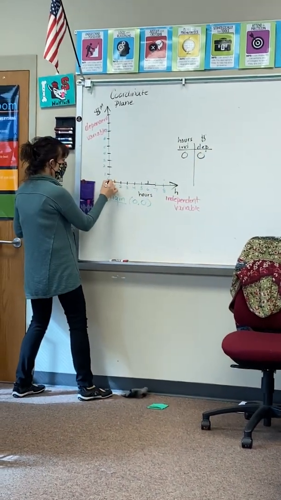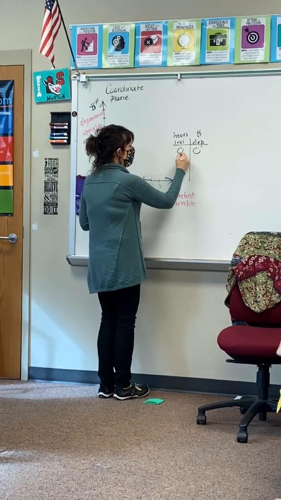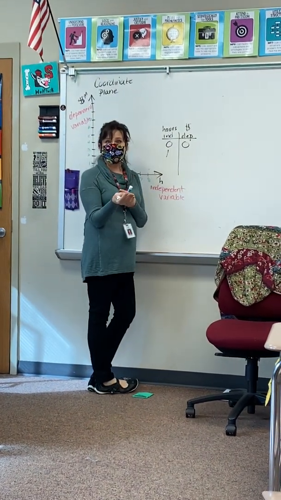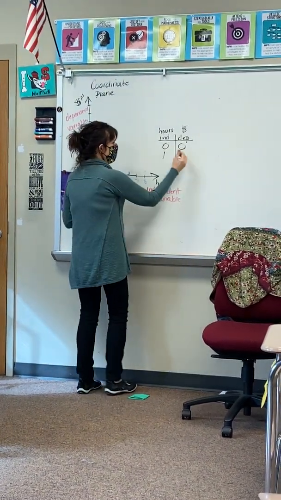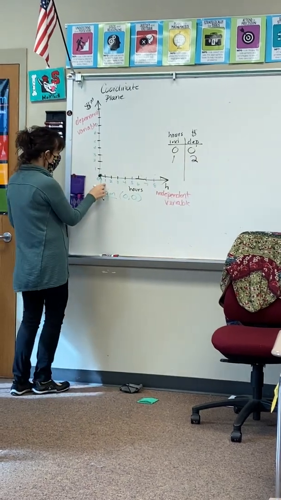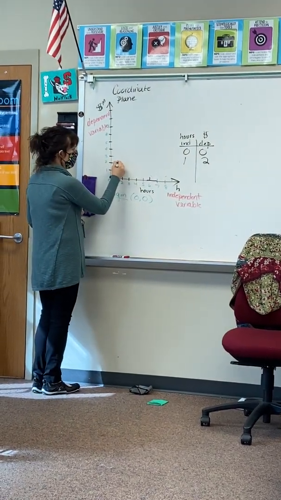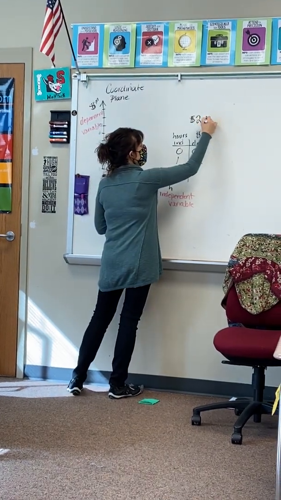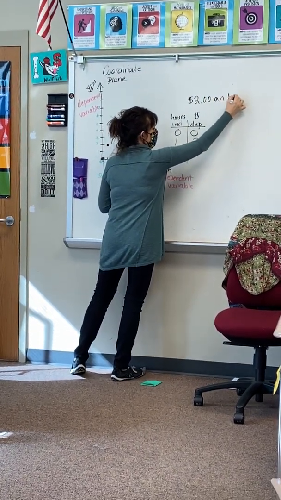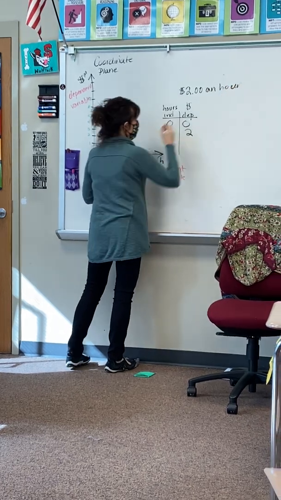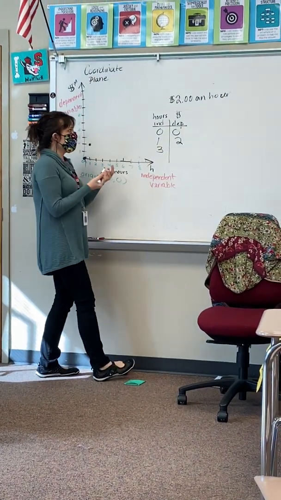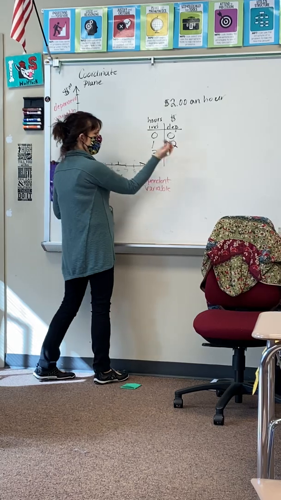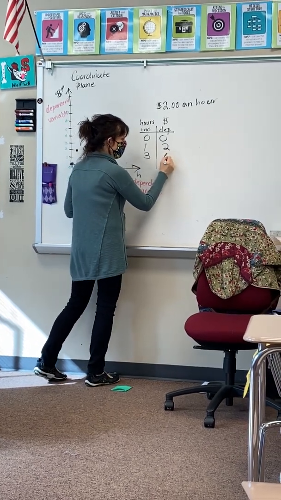So I put a point right there, it already exists. I work 1 hour, and I get $2 an hour, so that would be 2. So 1, 2, okay? Then 3 hours, I would make $6.